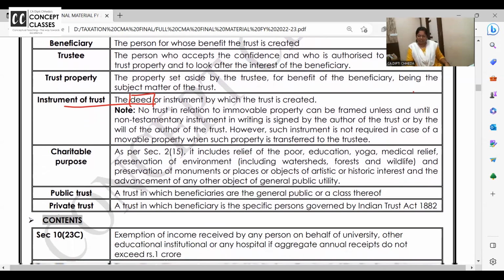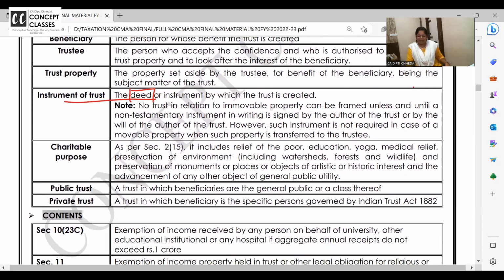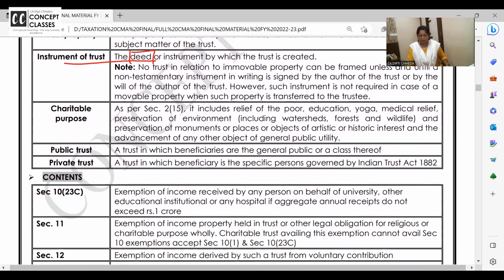No trust in relation to immovable property can be framed unless there is an instrument in writing signed by the author or by will of the author. However, such an instrument is not required in the case of movable property when the property is transferred to the trustees. So movable property is not a problem, but if there is immovable property, definitely they should have it.